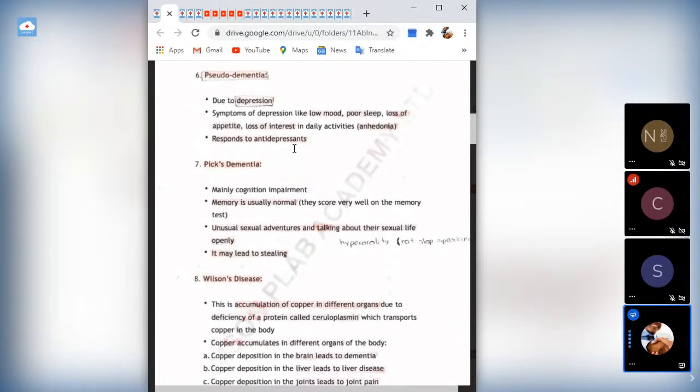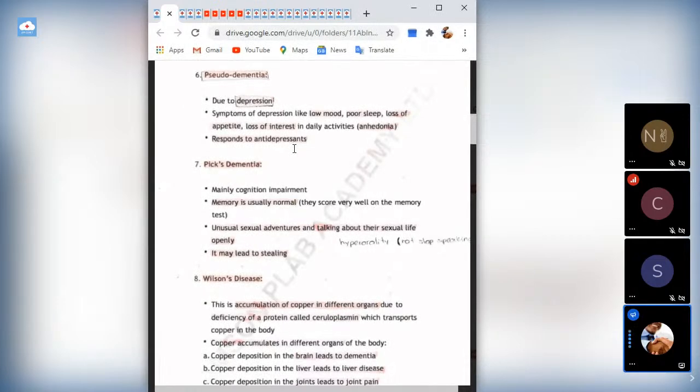So by the time you're talking to this person, and this person is just quiet, looking at you, you may think that this person has dementia, a cognitive impairment, not knowing that all this while this person just had depression. So it's known as pseudodementia because it's not real dementia, but the clinical features look similar to dementia. It responds well to antidepressants.